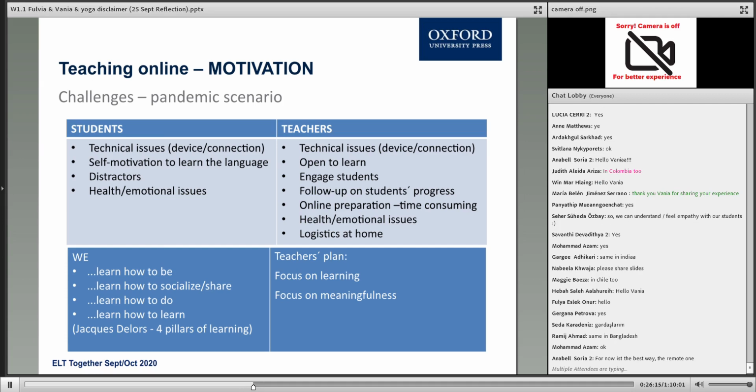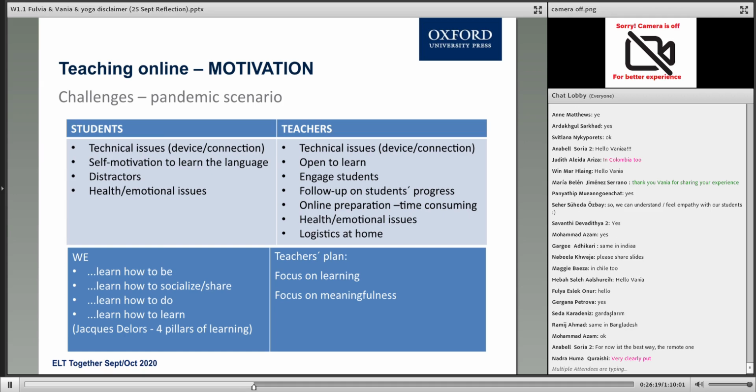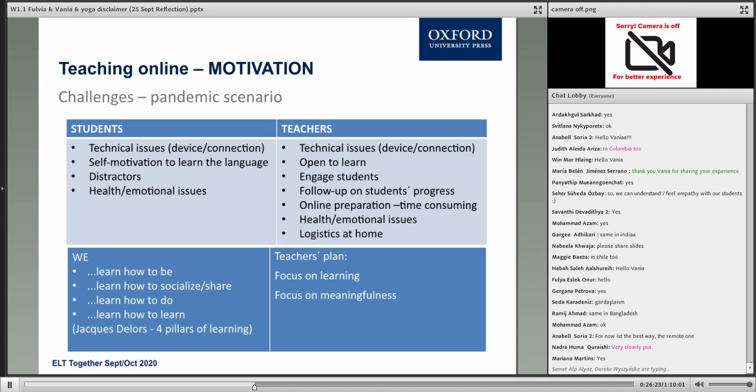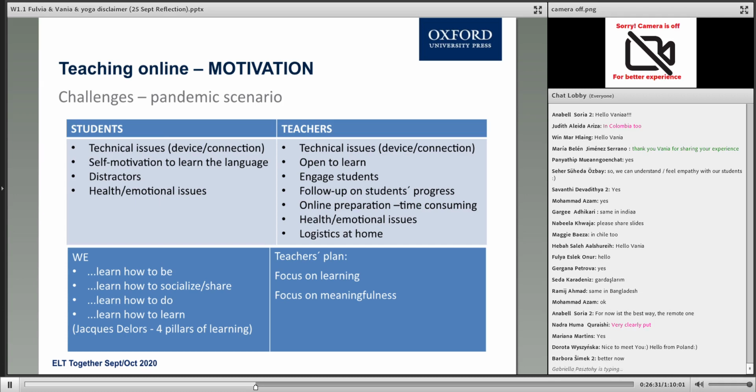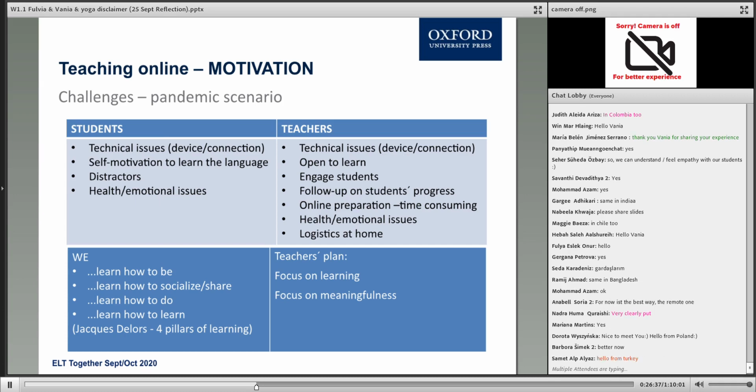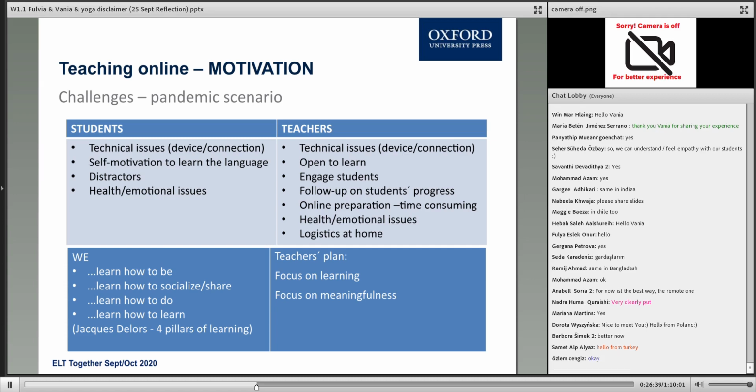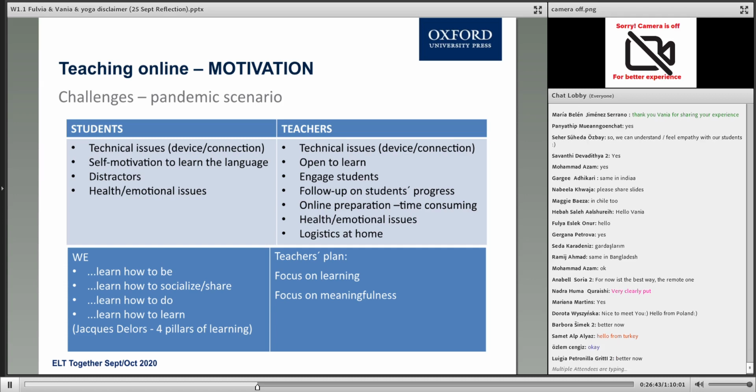So basically, we had lots of challenges for students and teachers alike. Both have faced technical issues. I have just faced a technical problem now, and this is something that can happen every now and then. Students also have the problem of being self-motivated, and that's a big challenge for us to cater for.